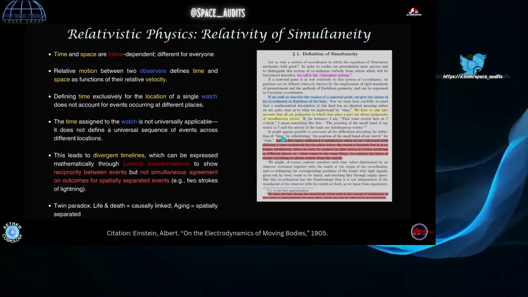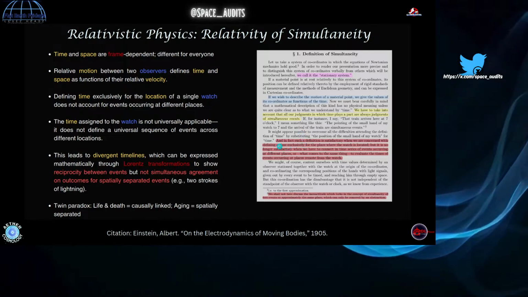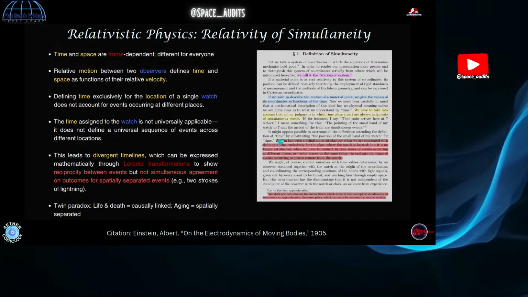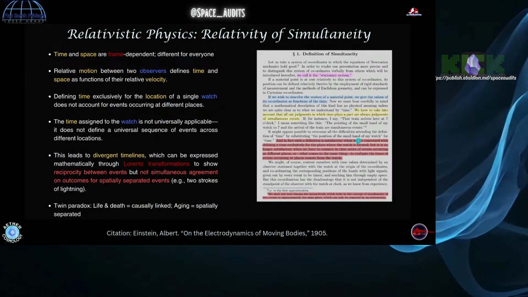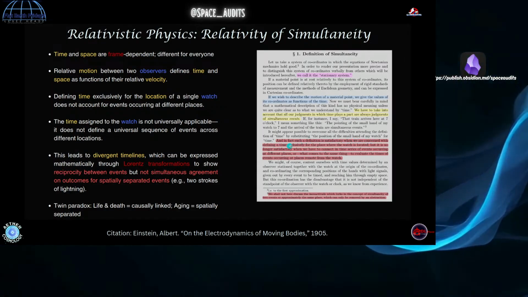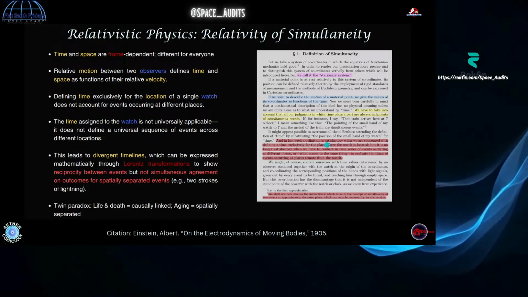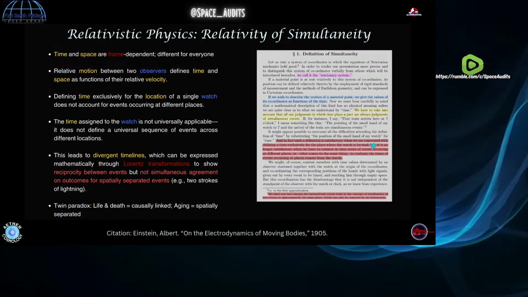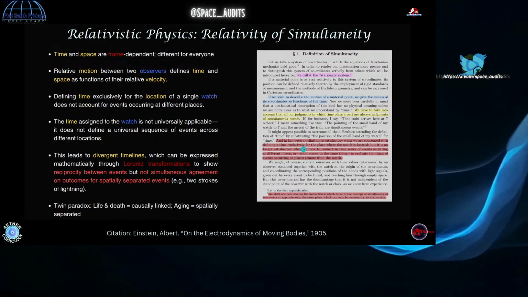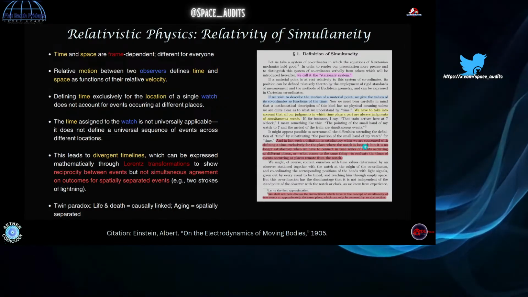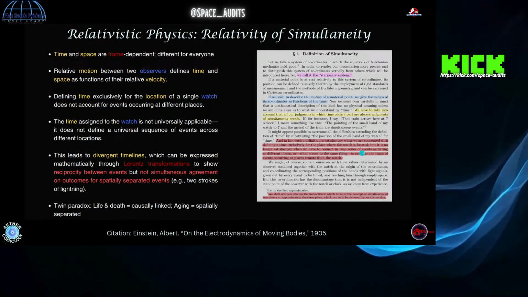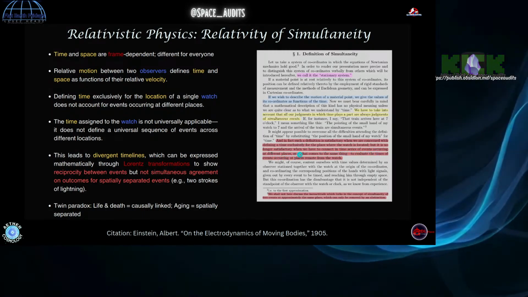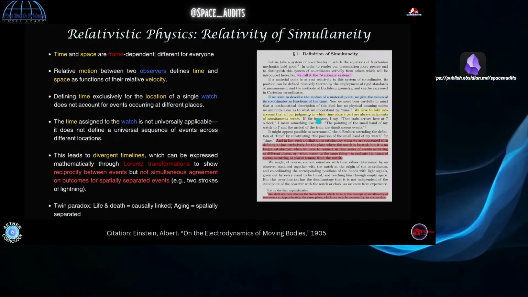But then he goes on to say, which I'll read from the red part here: "In fact, such a definition is satisfactory when we are concerned with defining time exclusively for the place where the watch is located, but it is no longer satisfactory when we have to connect the time in a series of events occurring at different places, or what comes to the same thing, to evaluate the times of events occurring at different places remote from the watch."